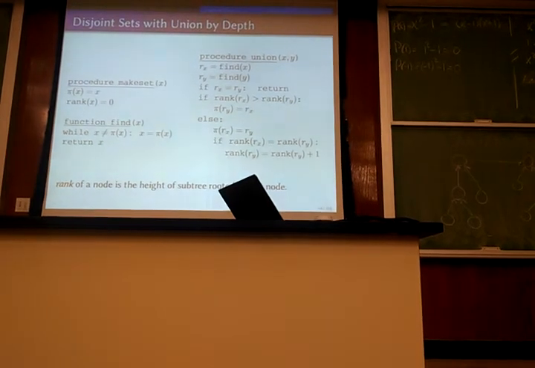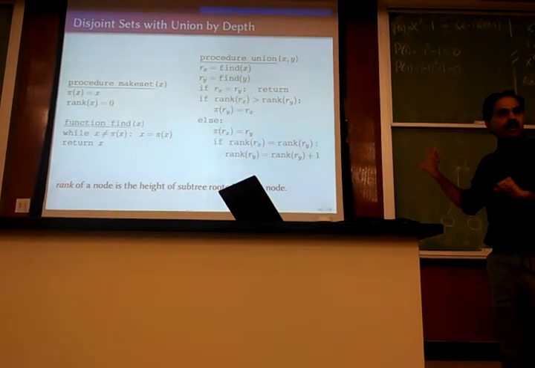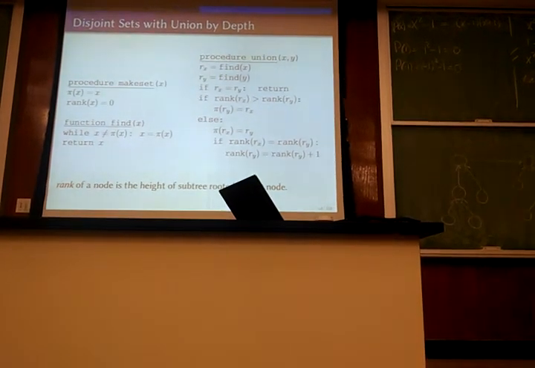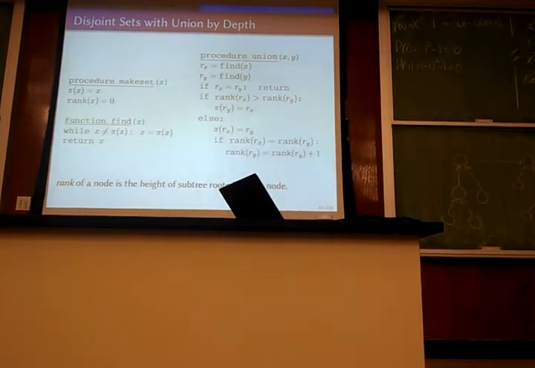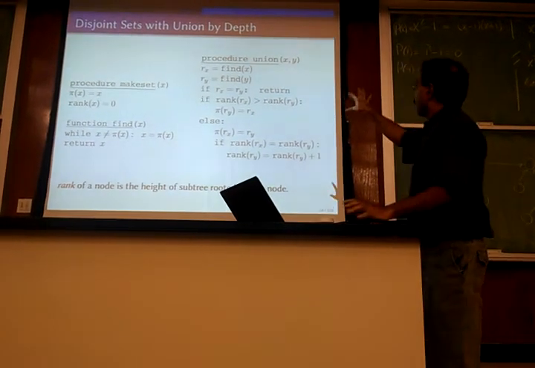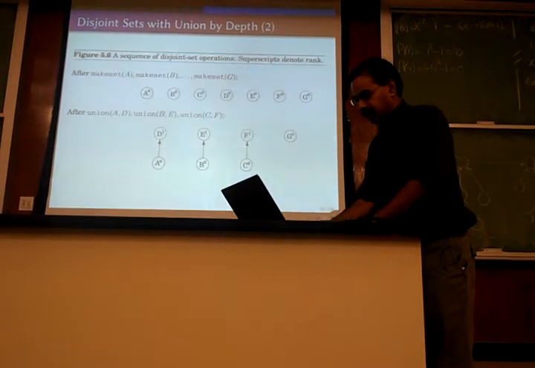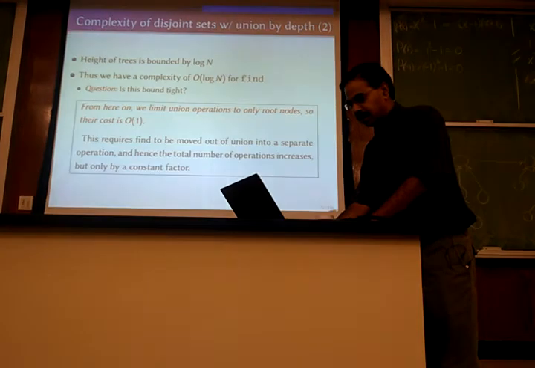From now on, we don't want to hide find inside union. We'll pull it out, and from now on, if you want to do union, you only have to give the roots. If you give a non-root element, union doesn't work on those. That way we won't have finds hidden inside unions, which makes it more explicit for the purposes of our analysis.